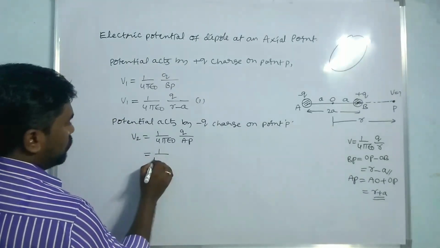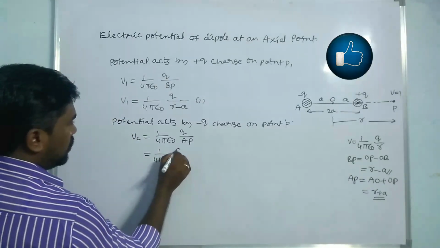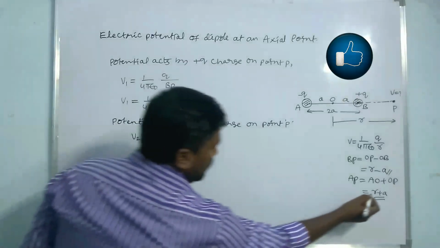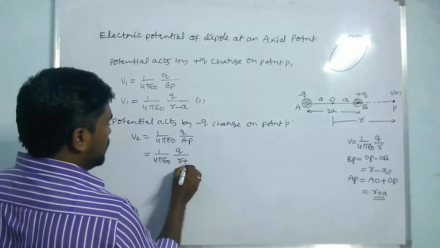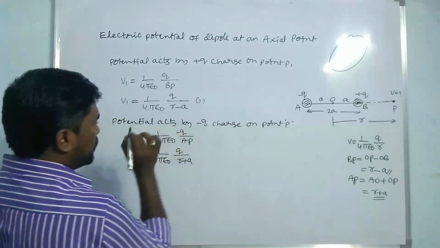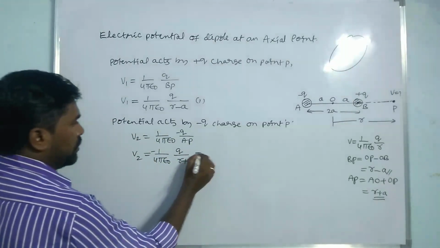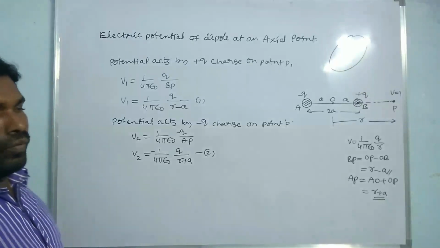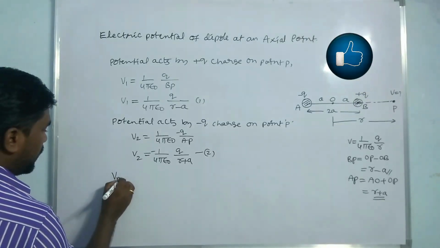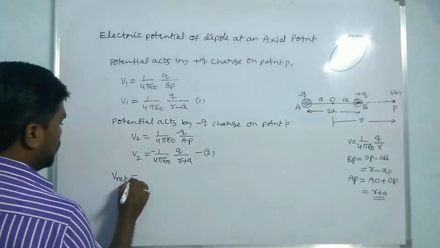It can be written as 1 by 4 pi epsilon naught Q by AP, which is nothing but R plus A. Here the charge is negative and you put the negative sign. This is equation 2.